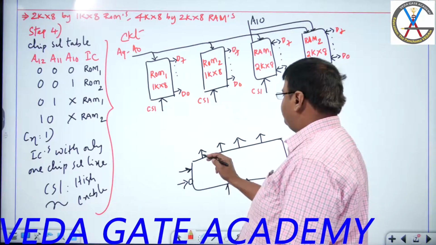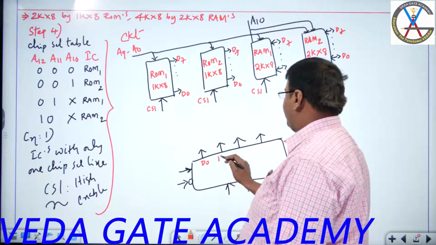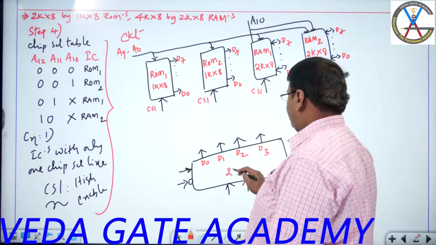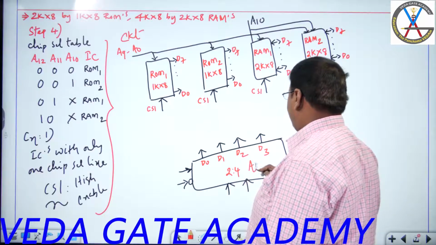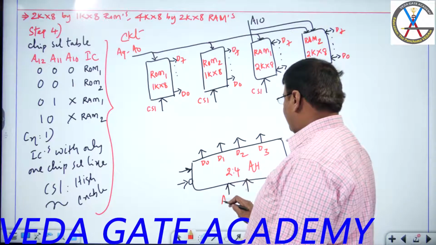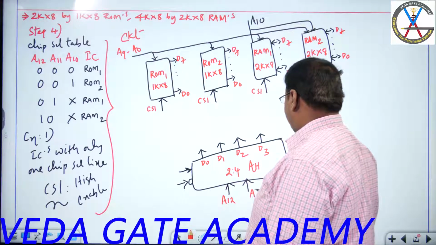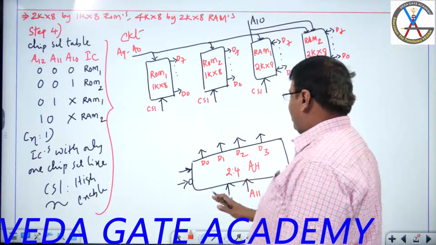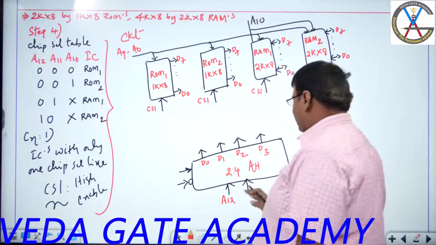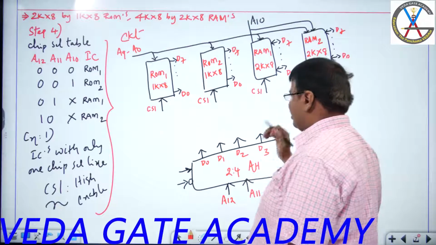Here D0, D1, D2, D3. I have taken a 2:4 decoder. 12 and 11 I wish to connect to the address lines here as decoder inputs. If 12, 11 is 0, 0, D0 is enabled. 0, 1, D1 is enabled. 1, 0, D2 is enabled. 1 and 1, D3 is enabled.